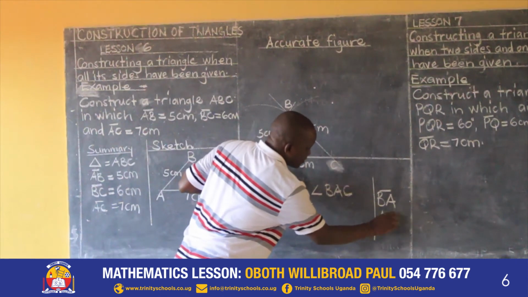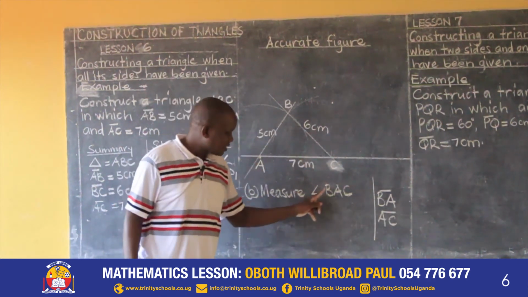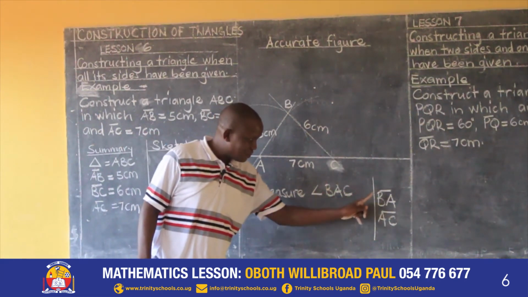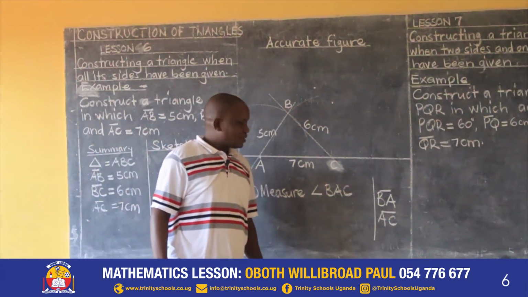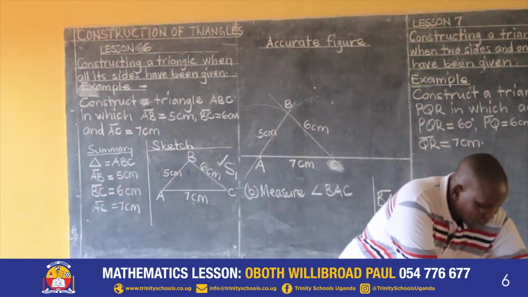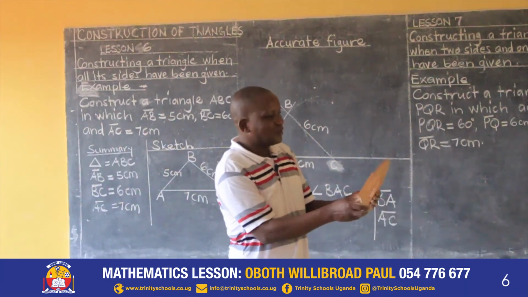So this angle BAC is formed by lines BA and AC. So if we are to measure that angle, you'll use your protractor. We learned how to measure angles in P4. Use your protractor.